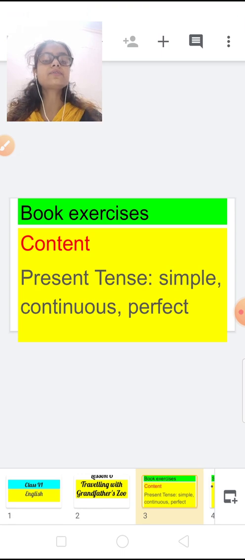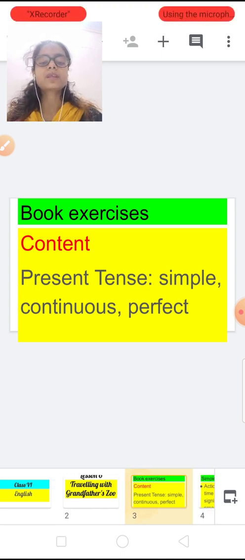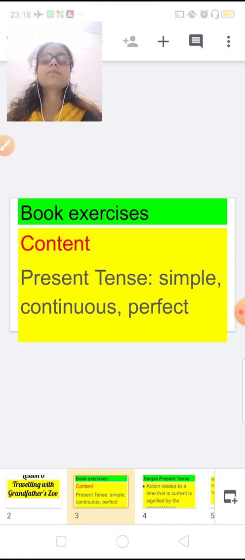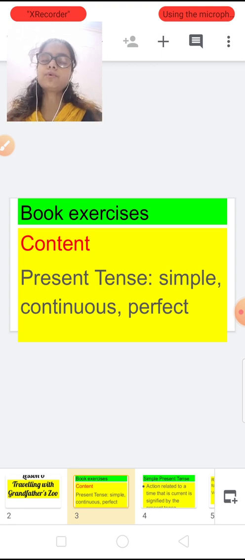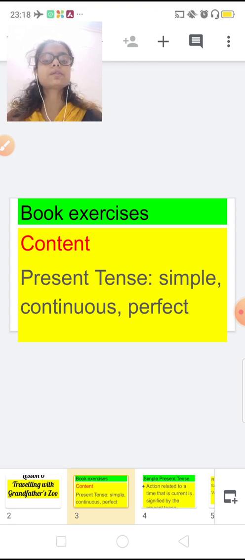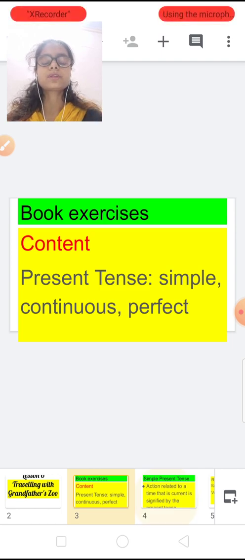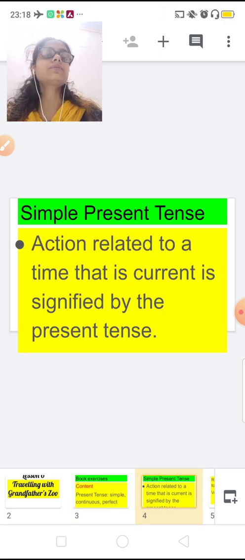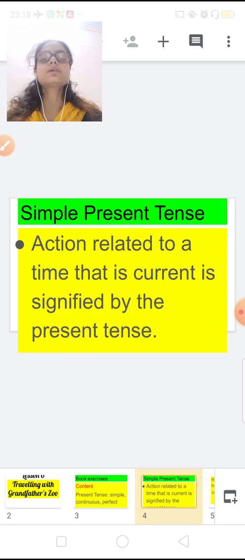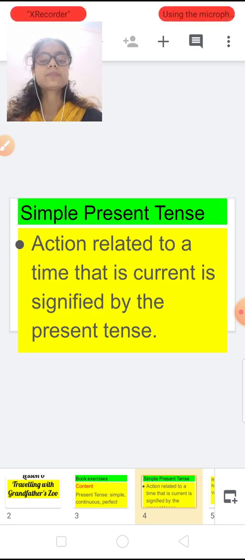And at the end of the session, we are going to cover since and for. And all these topics are just related to your book exercise of chapter number 6, Traveling with Grandfather's Zoo. So let's start our first topic of today's session, simple present tense.